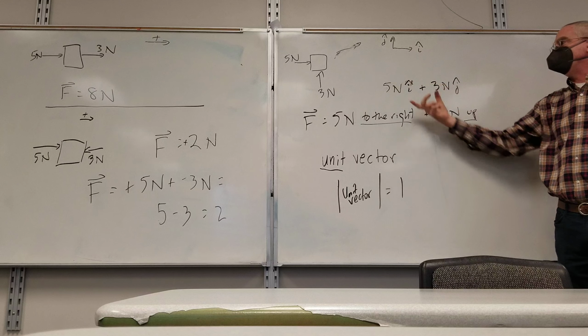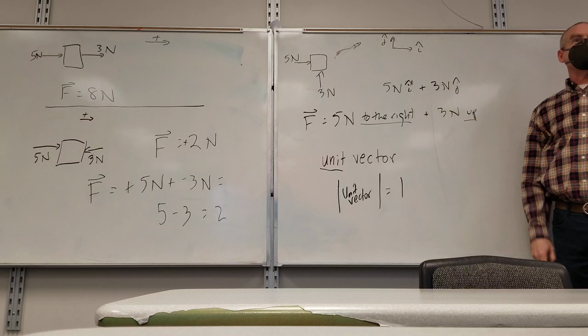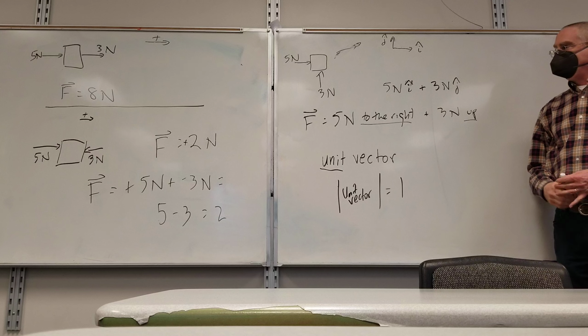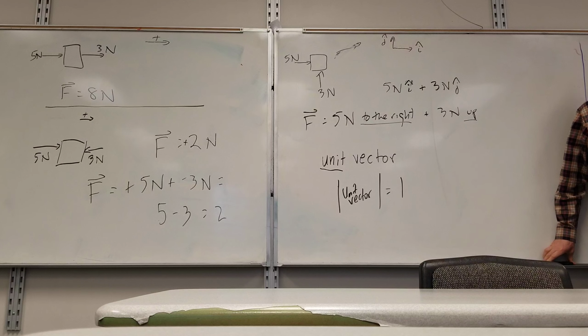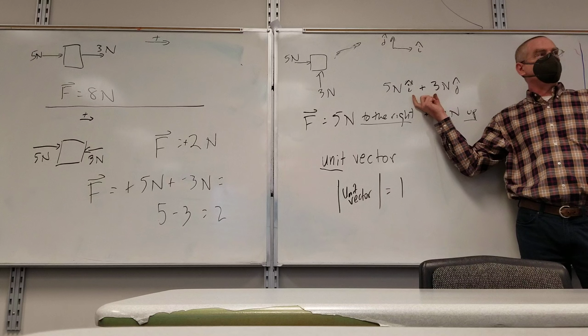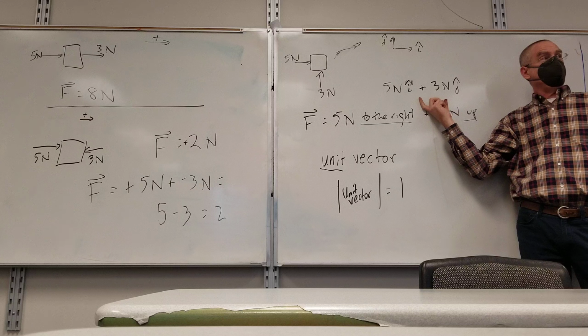I said j hat was up, and so that works. So when it's like that, you don't have to do it in math, you just write it like that. I would claim that is math because I got a plus sign in there, but yes, that we would stop. Depends on the nature of the question. We could take it farther, and I will in a moment. But if all I said was what's the total force and you wrote that, you defined it and wrote that, you're good to go.